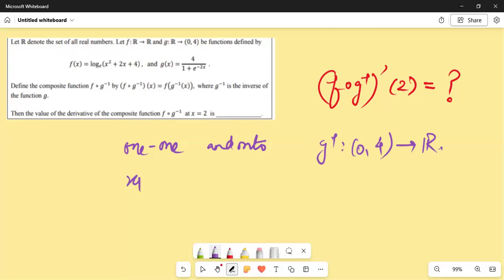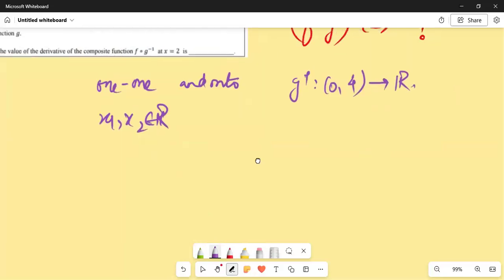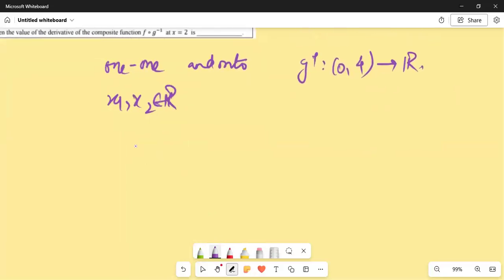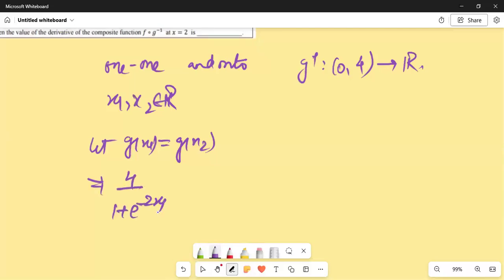So you need to take two real values, evaluate g at both these points and then equate them. Let g(x1) equals g(x2). This implies 4 upon 1 plus e raised to power minus 2x1 equals 4 upon 1 plus e raised to power minus 2x2.